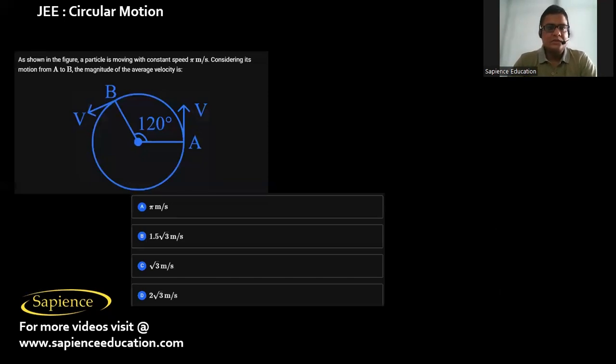And here it is told, as shown in the figure, a particle is moving with a constant speed pi meter per second. Considering its motion from A to B, the magnitude of the average velocity is.